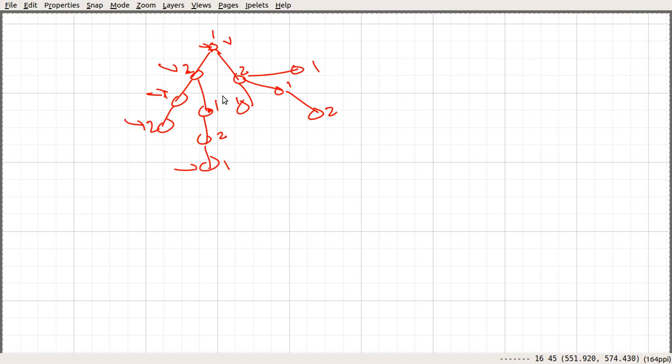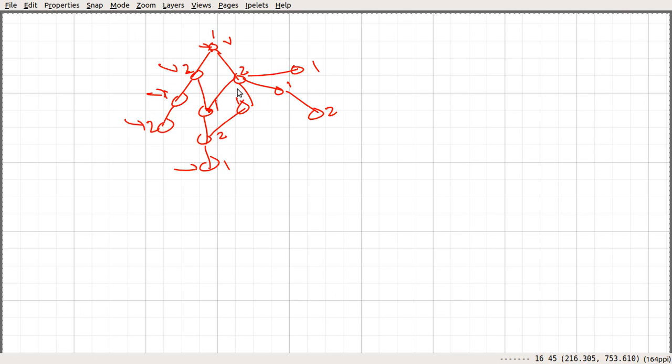Since G has only even length cycles, there won't be an edge from the nodes at the same level or same distance from this V. Only we will have edges from here to here or something like that.